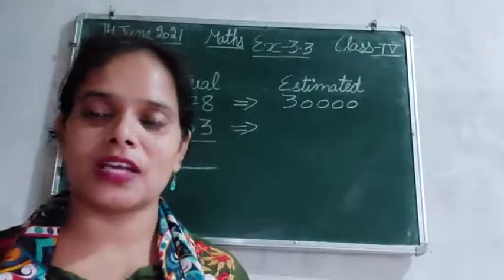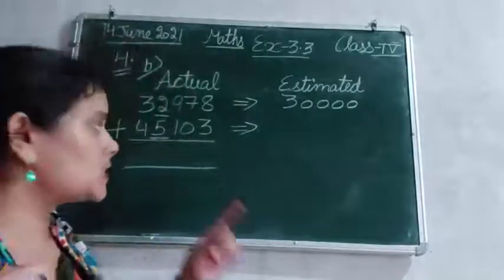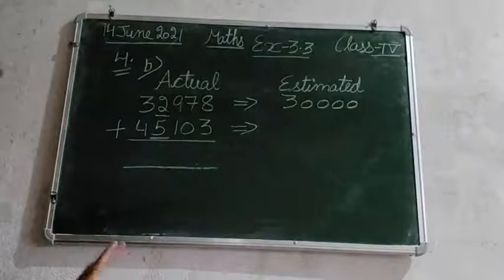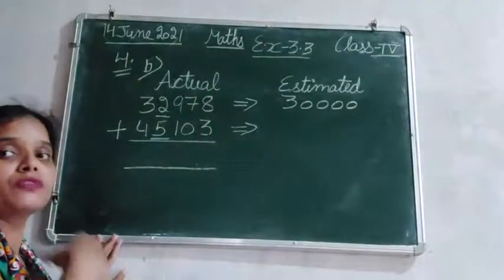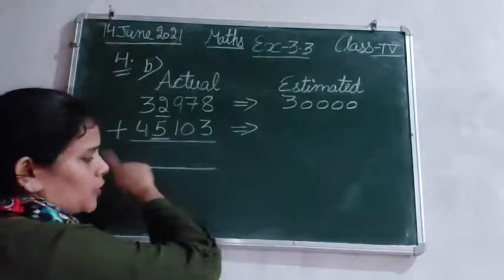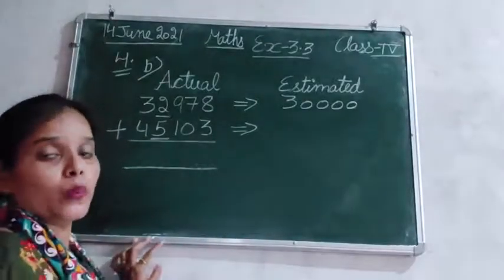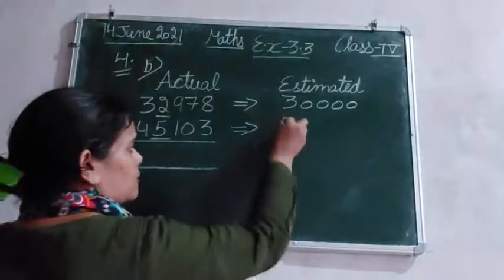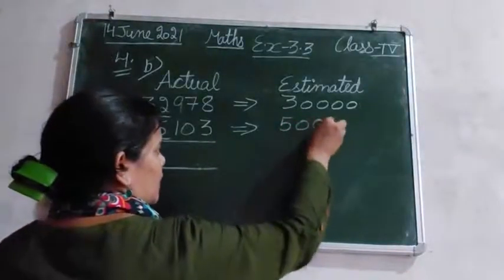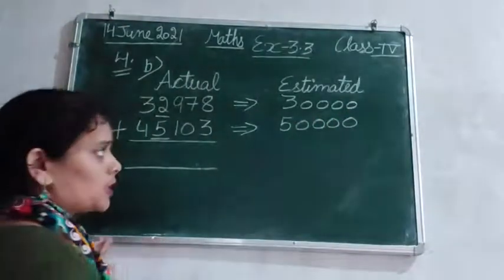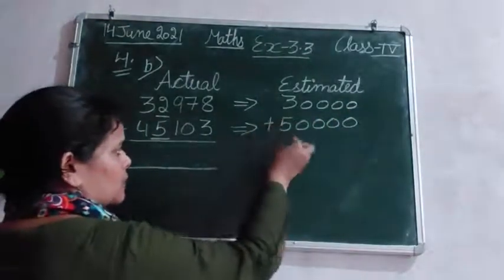Here we are having 5, so we will move to the next one. After 45,103 which one will be the next 10,000? That is 50,000. So 30,000 plus 50,000.